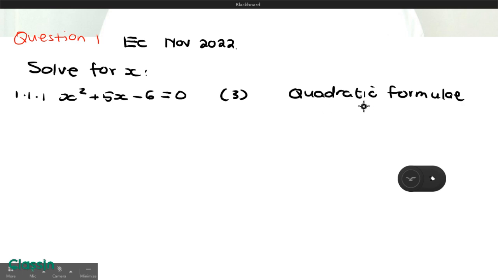The quadratic formula, we find it on our formula sheet, and it's given as x is equal to minus b plus minus root of b squared minus 4ac, all over 2a.